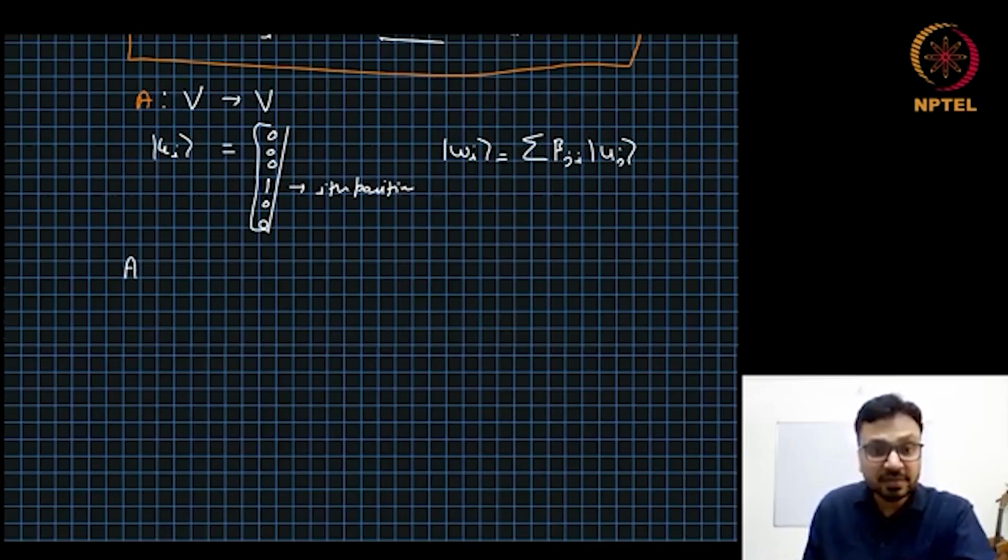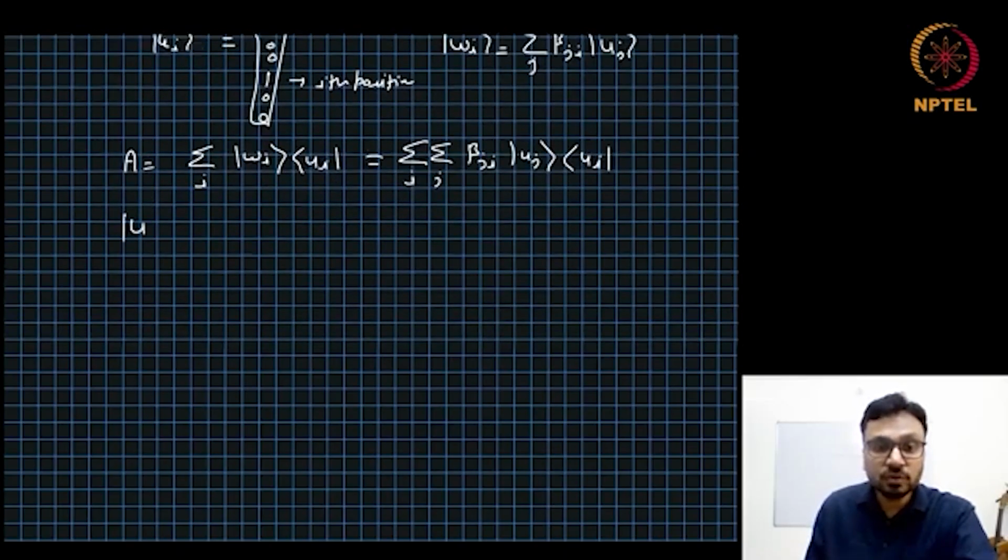So now, since A is the sum over i of |ωi⟩⟨ui|, this can be written as the sum over i and j of beta ji |uj⟩⟨ui|.